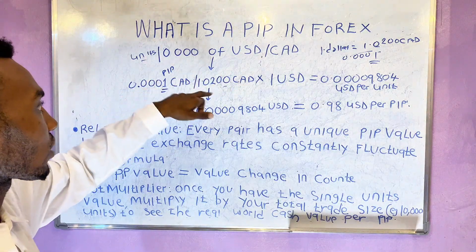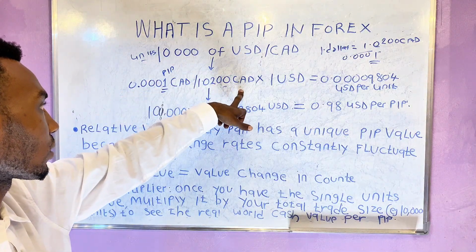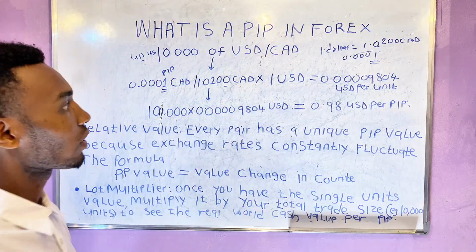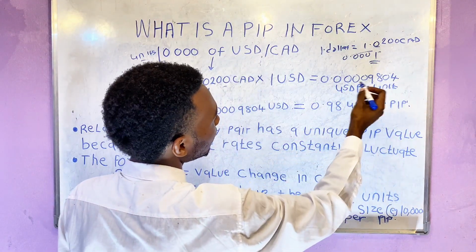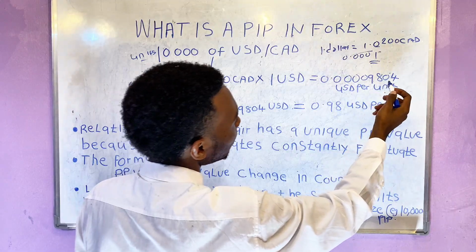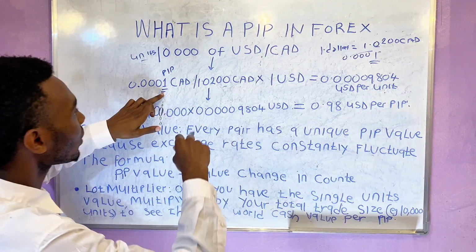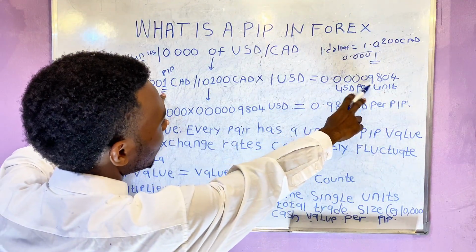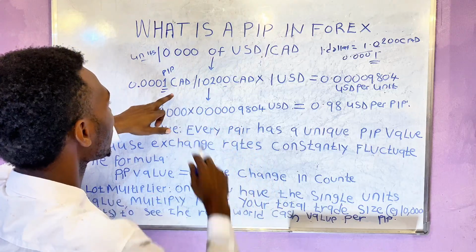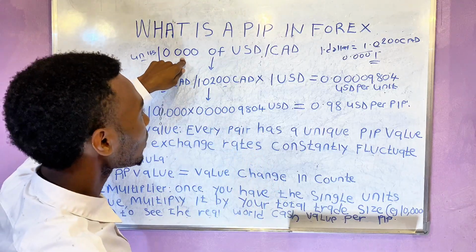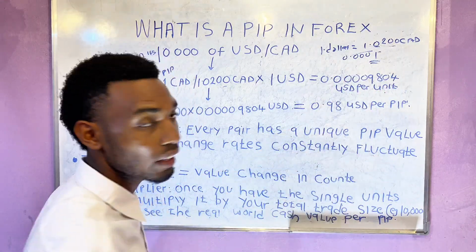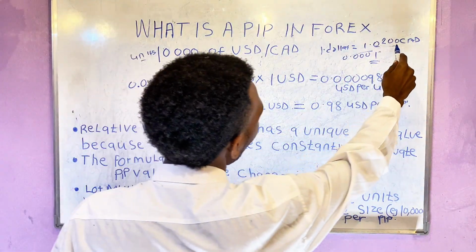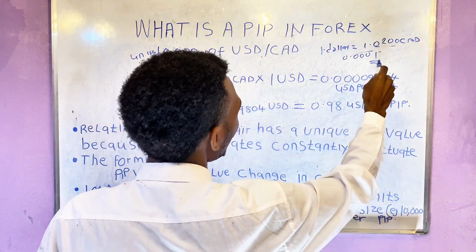Now this is how it should be. You see, it should be like this. Now USD per unit, you get 0.0001 times this one times this one. You say this one is the 10,000 units times the exchange rate of the Canadian dollar, and this is the PIP.